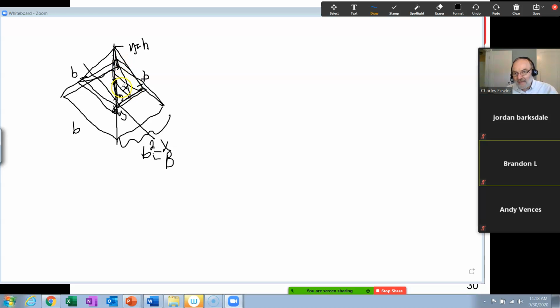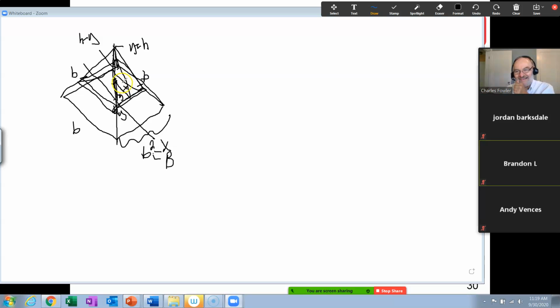What's left over here is h minus y, because y is the height from the origin up to here, so this is going to be h minus y. That forms you a triangle. One leg is going to be h minus y, the other leg is going to be x.